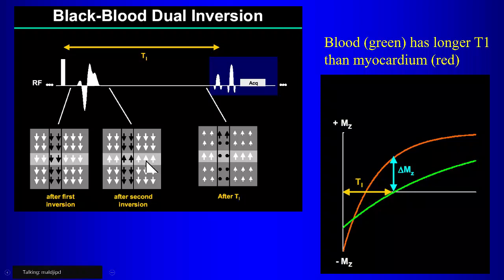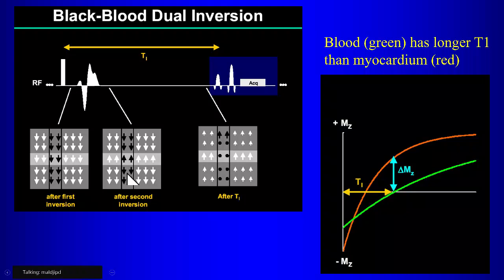But the trick is you wait just long enough after this second pulse, while the blood outside still remains inverted. You wait for the inversion time, for the null point of that blood, which will then flow into your imaging slice during that time.